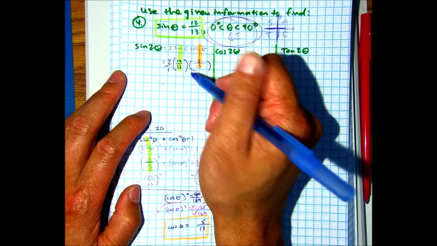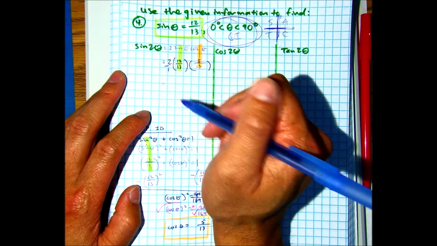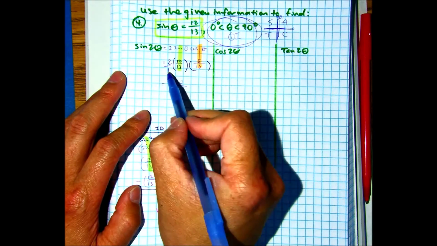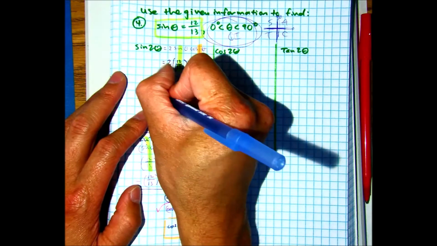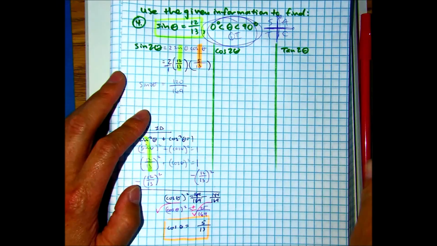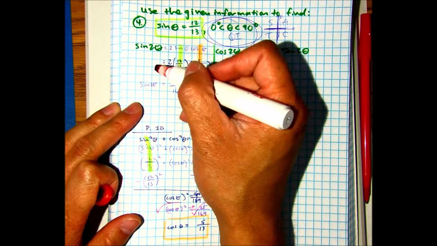Class. 60 times 2, which will give you 120. And then 1 times 13 times 13 gives you 169. Sine of 2 theta equals 120 over 169.